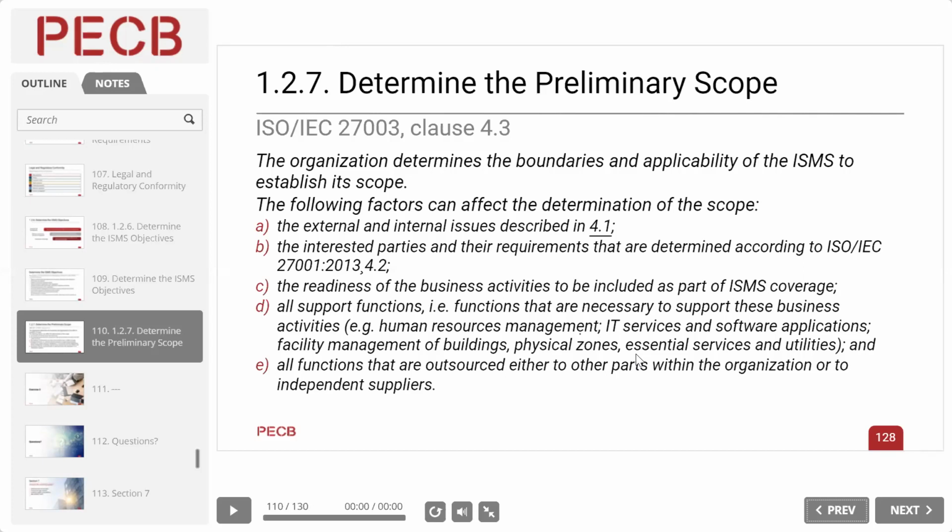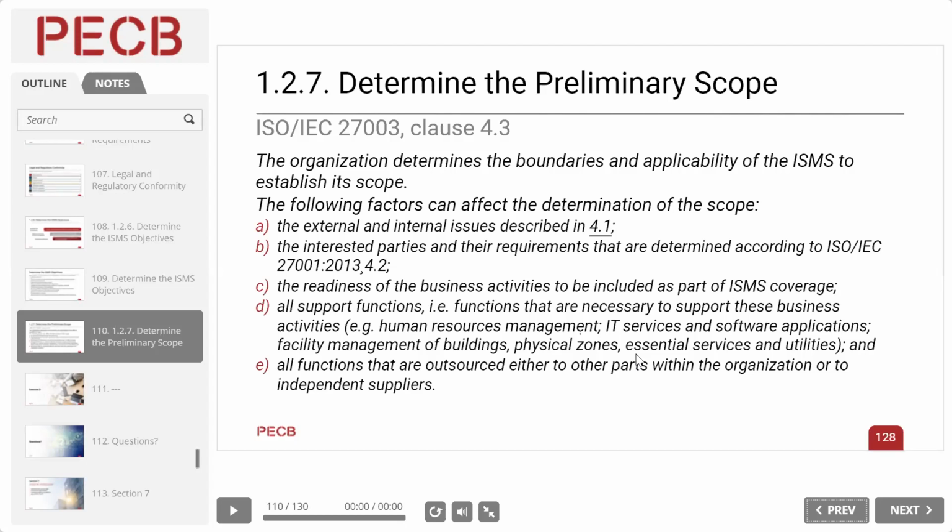Now, it is advised that when you are just starting, you do not scope the whole organization. I am presupposing that it's a large organization with branches all over, a multi-location organization.